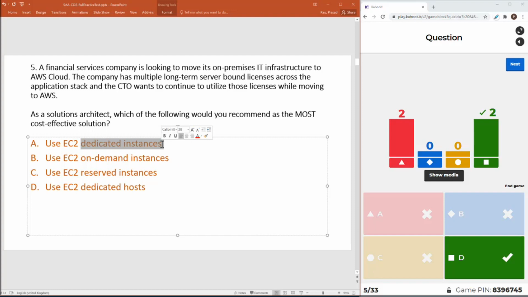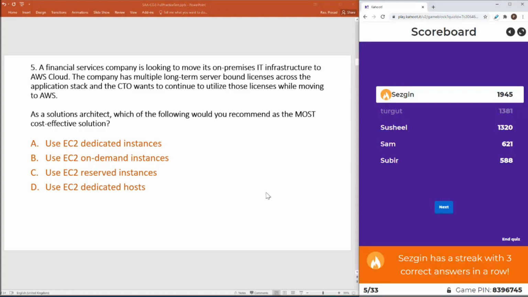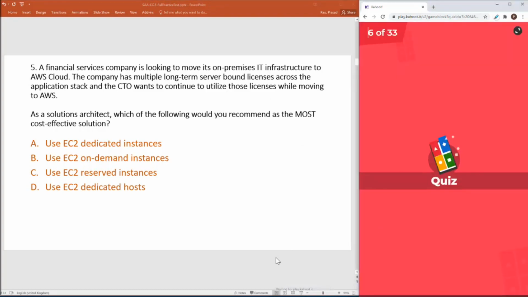It becomes more difficult to choose. So yeah, having a deep understanding of every service might help. Cool. Should we move ahead? Next question.